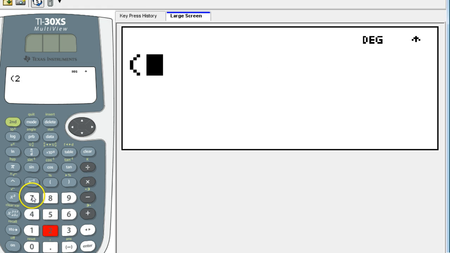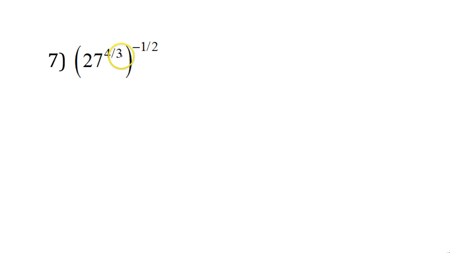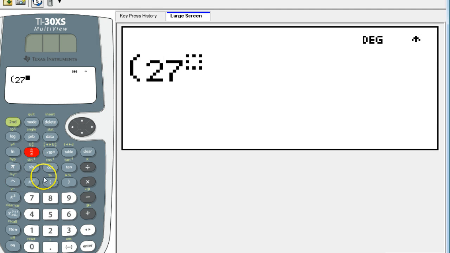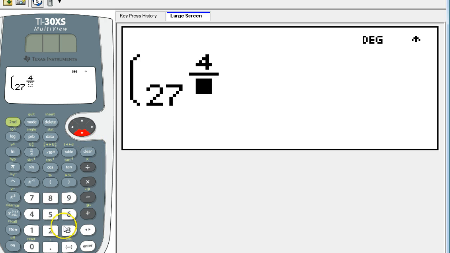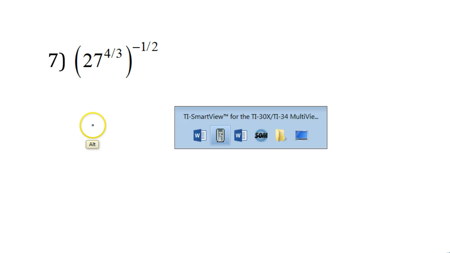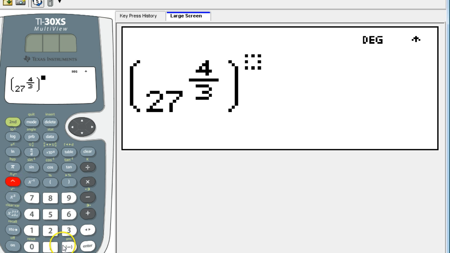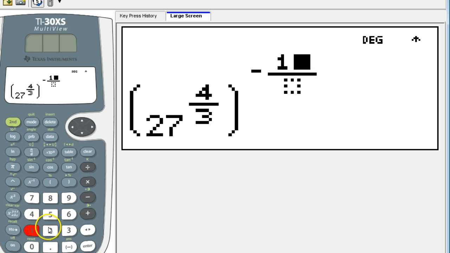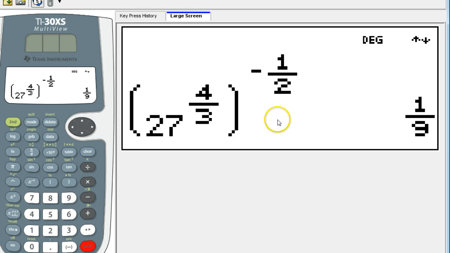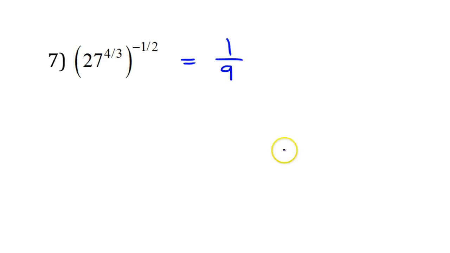Alright, so we have open parentheses 27 to the 4/3 power, and then that's going to be to the negative 1/2 power. Okay, that gives me 1/9. So, kabam, that's the answer to this problem.